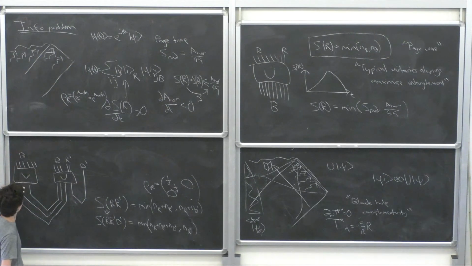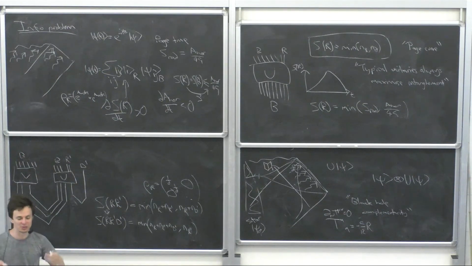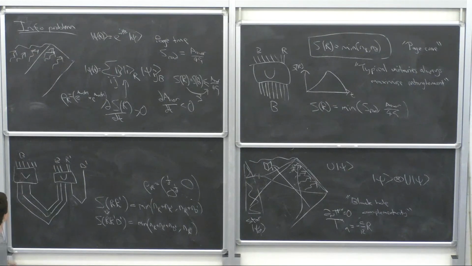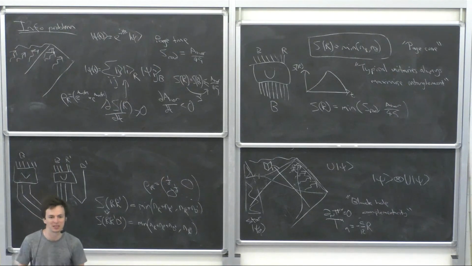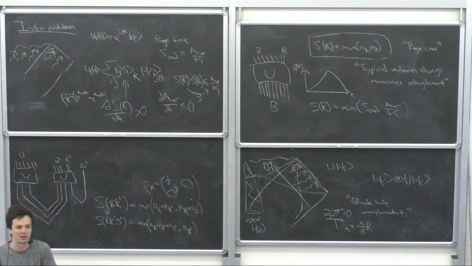But we already knew that the early radiation was maximally entangled with B. That was the Page curve computation. So we could imagine that we distilled out some set of qubits from the early radiation that is already maximally entangled with B. We get some stuff that is uncorrelated with B, and that will stay uncorrelated, and we can just throw it away. That's the sense in which the relevant number of degrees of freedom in the early radiation is the same number as NB, because that's the entanglement entropy.